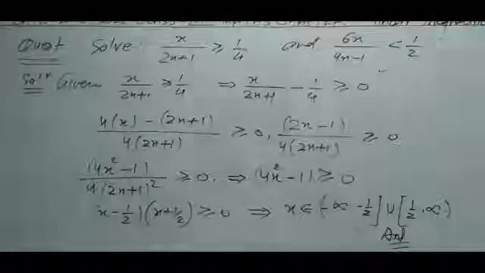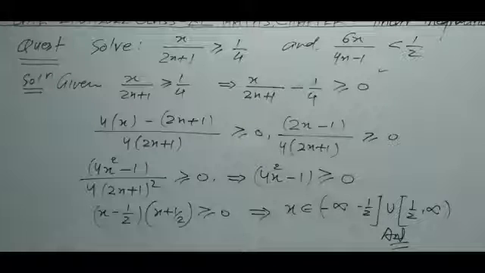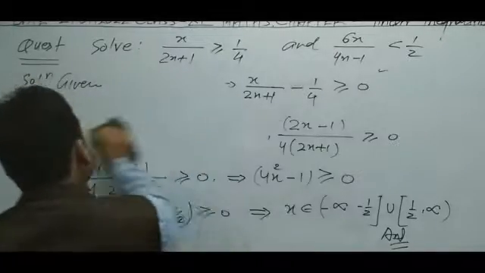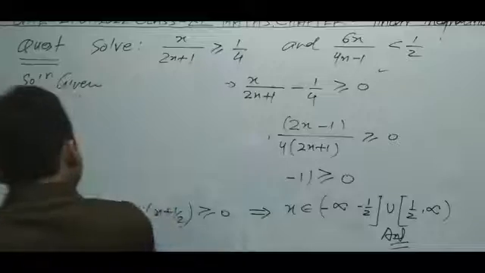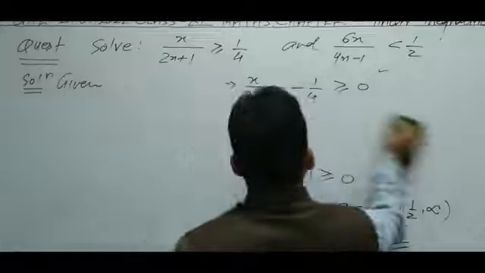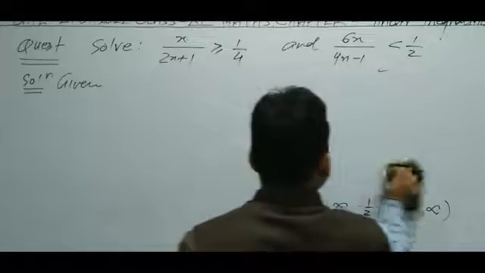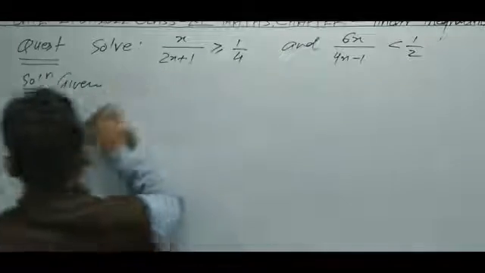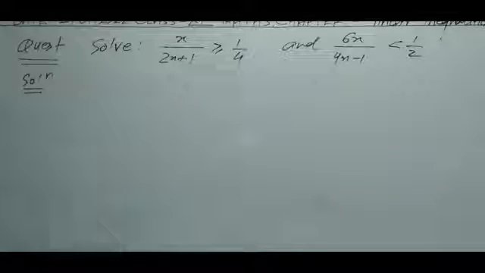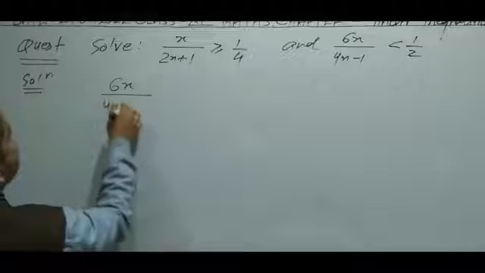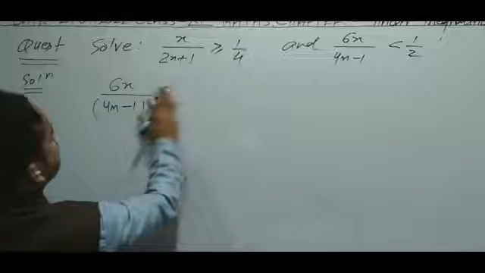Now the second part is 6x upon 4x minus 1 is lesser than 1 by 2.